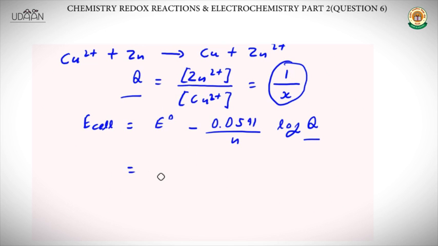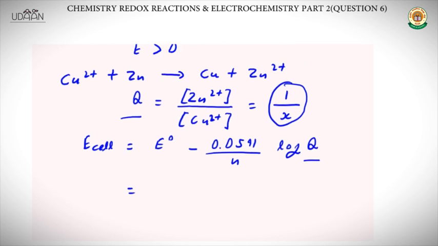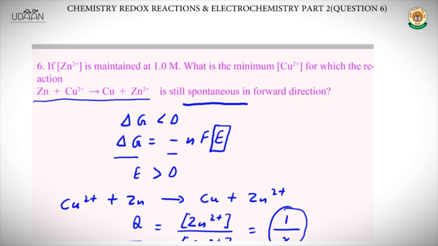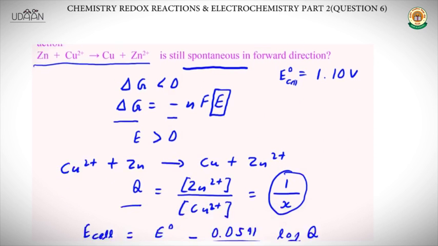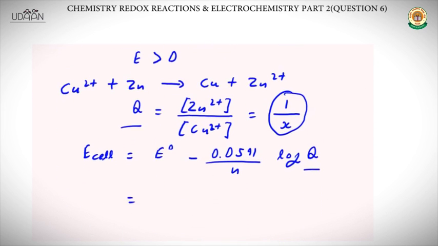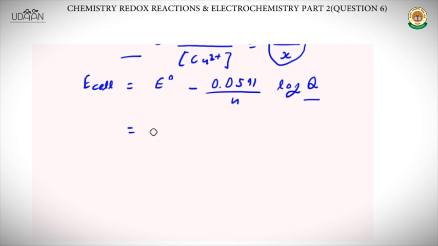E naught for this reaction should usually be given in the question. The E naught for the cell reaction is 1.10 volt. It's missing right now, but it would be provided, so you don't need to take tension for such things.